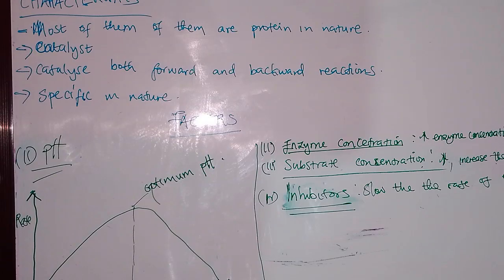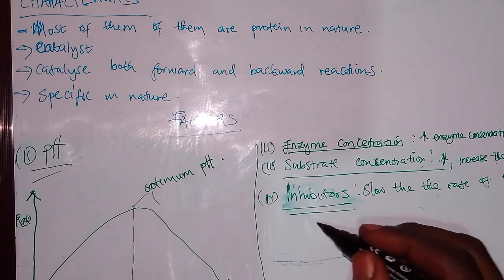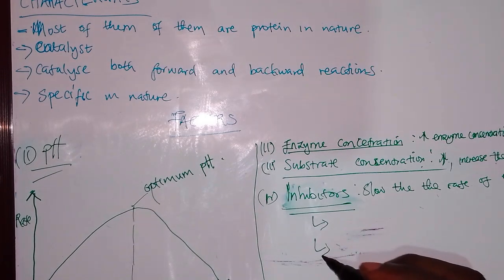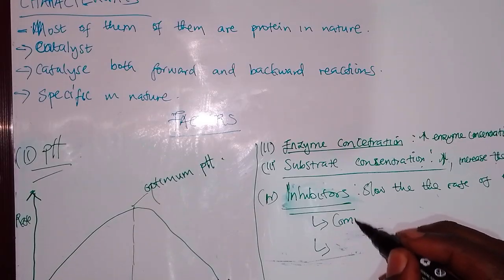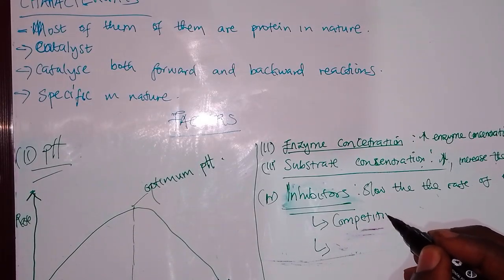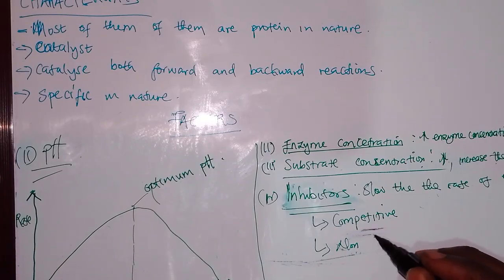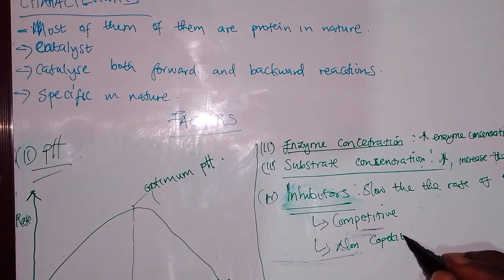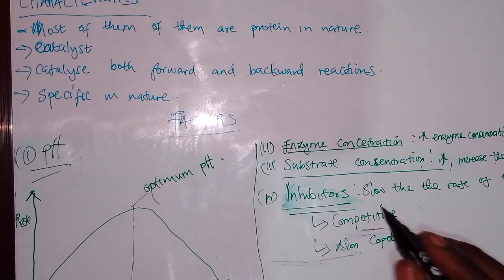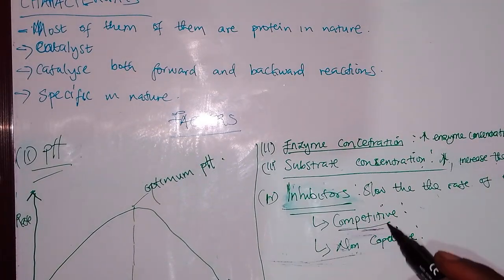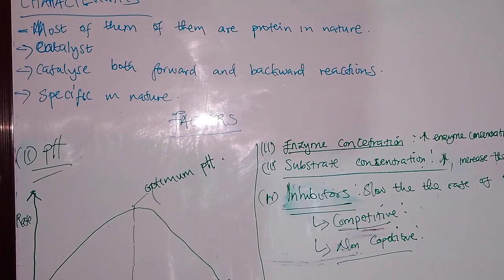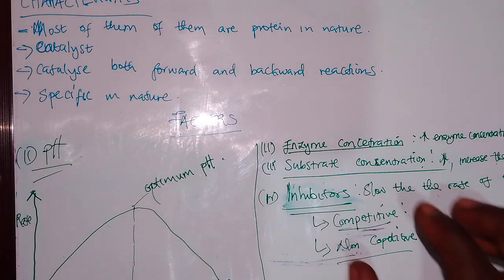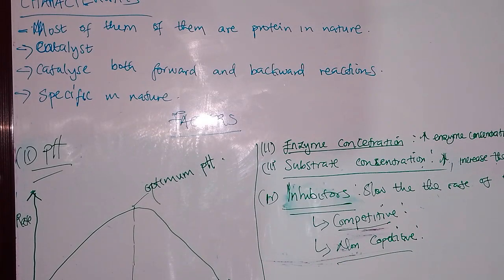Then you need to understand that we have two types of inhibitors. This is the point which you need to pay attention to. We have one which is known as competitive and we have non-competitive. So when you talk about competitive and non-competitive inhibitors, what should come into your mind is the enzyme itself. So here these inhibitors work on the site. We have two sites, I told you.